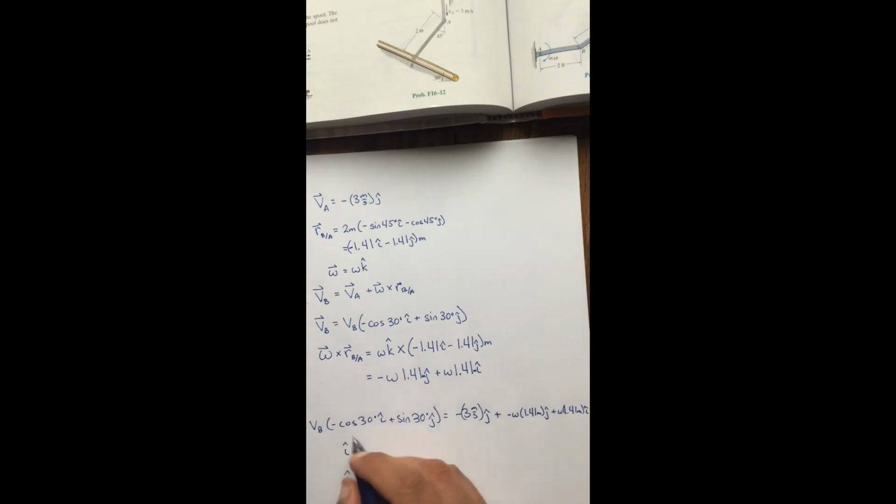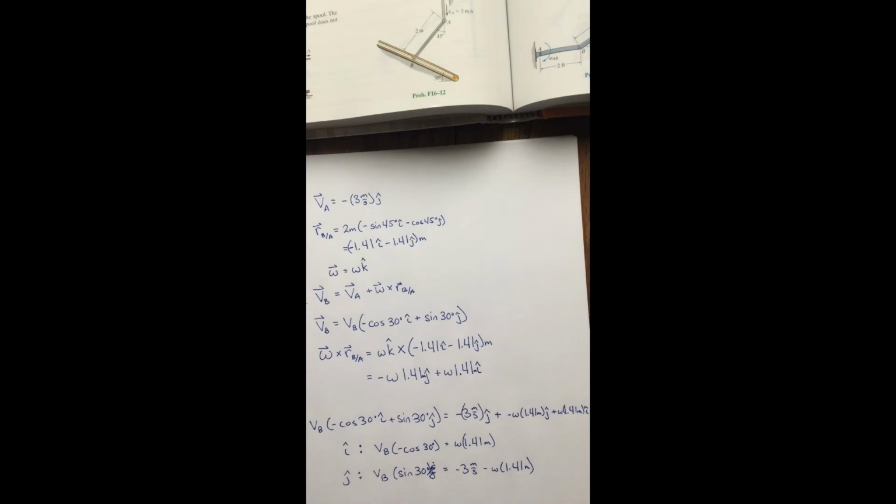So looking at the i hat components, I have VB times negative cosine of 30 degrees is equal to omega times 1.41 meters. And then looking at the j hat terms, I have VB times sine of 30 degrees is equal to minus 3 meters per second minus omega times 1.41 meters.